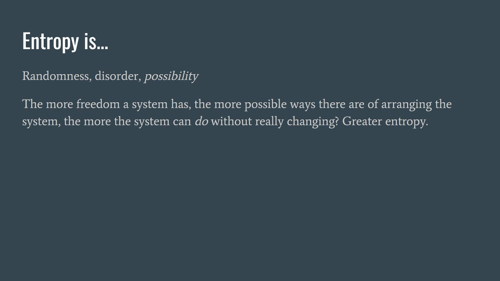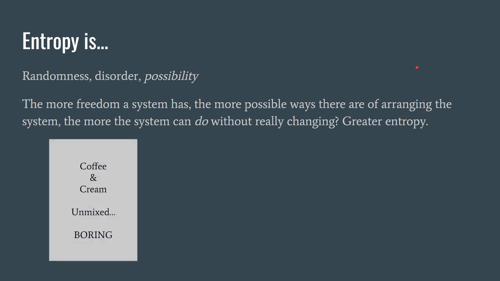Entropy is possibility. The more freedom a system has, the more possible ways there are to arrange the system, the more the system can do without really changing, the greater the entropy is. So, if you have coffee and cream, unmixed, completely separate, that is a very low entropy state. You cannot swap any two portions of that without an obvious change.